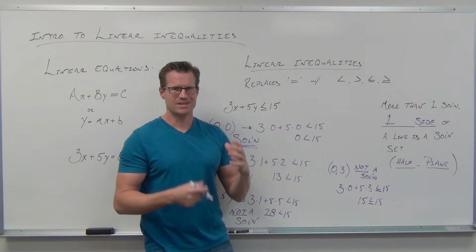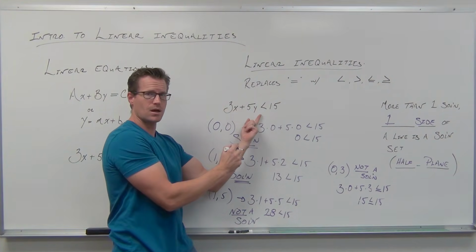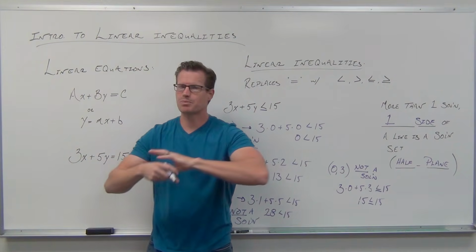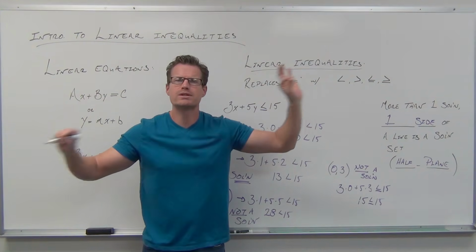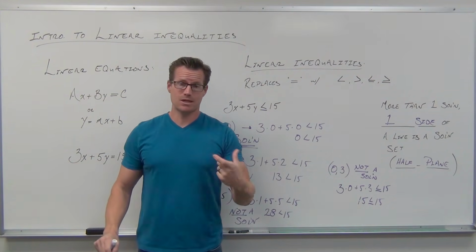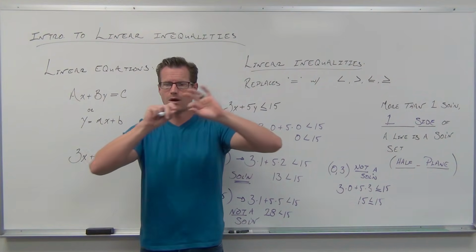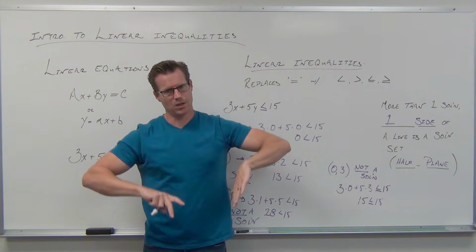If you put equal to, it's basically saying, yeah, you have all the other stuff we just talked about, but now you're also including that line. So it says, hey, you get the half plane and then all the points that are on the line too. That's what the equals part of it says. The equals part says you can be on the line or above it, on the line or below it. These say you have to be above the line or below the line.